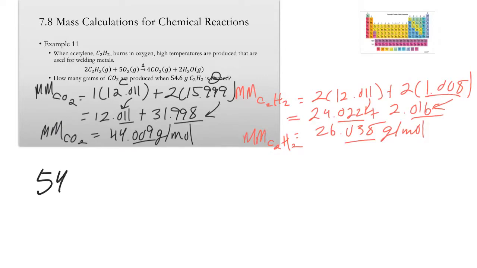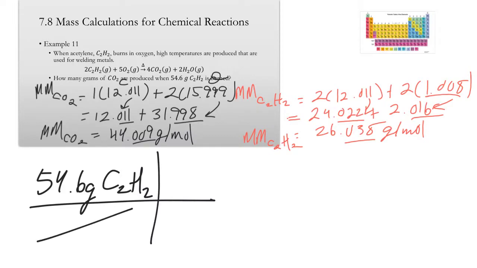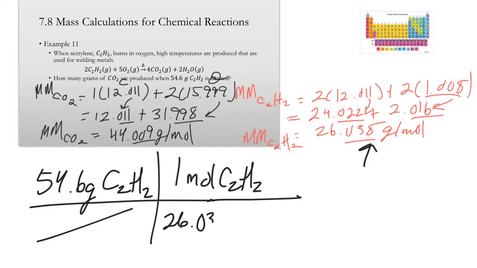So I'm going to start with 54.6 grams of C2H2. Nothing goes there, it's just a mass of it. And that's going to be multiplied by the reciprocal of the molar mass of acetylene, or we could say it's being divided by it. So we have 1 mole of C2H2 for every 26.038 grams of C2H2.